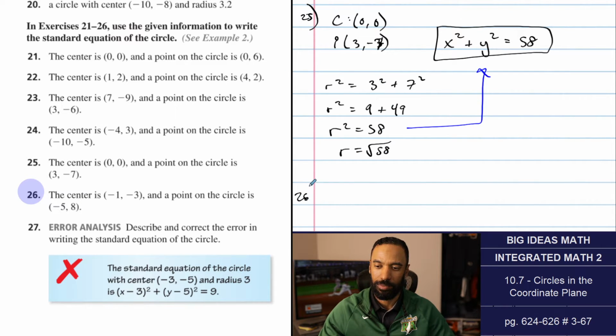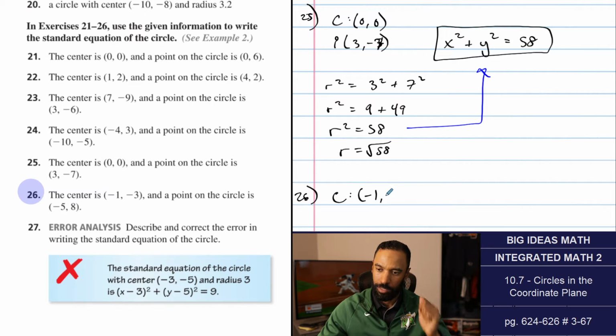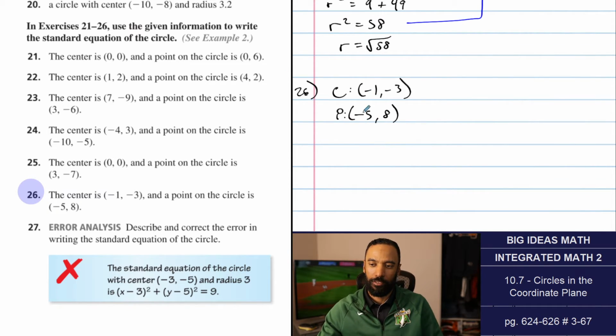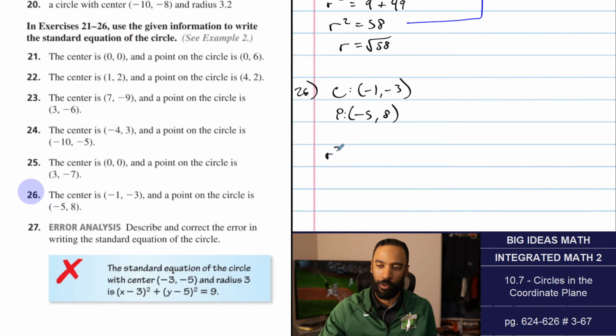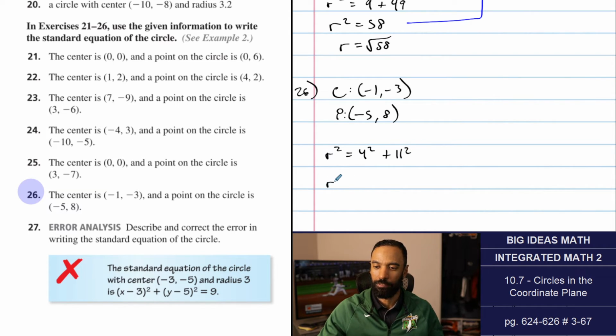Number 26. The center is -1, -3, and a point on the circle is -5, 8. So from -1 to -5, that distance is 4. From -3 to 8, that distance is 3 plus 8, 11. And we can find r squared from there.